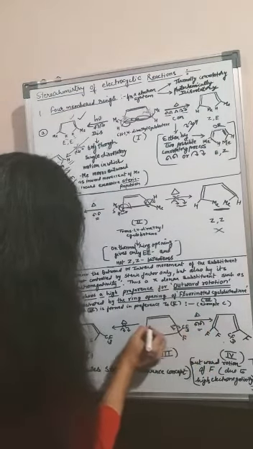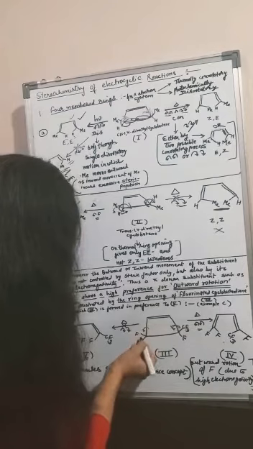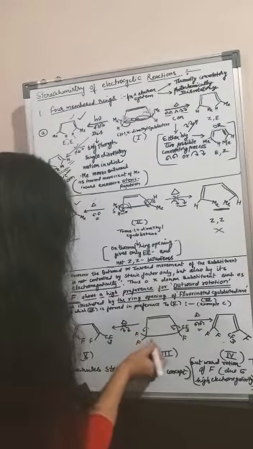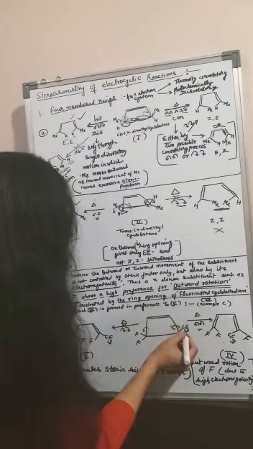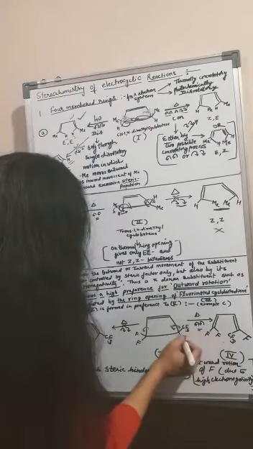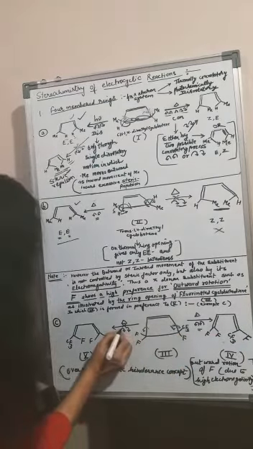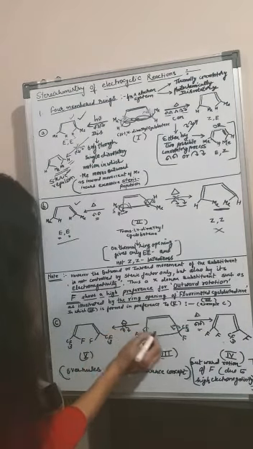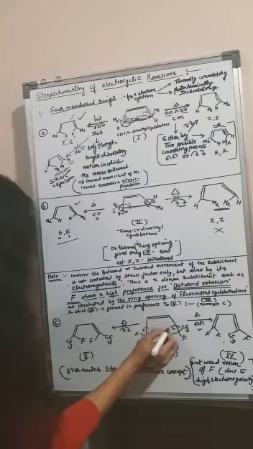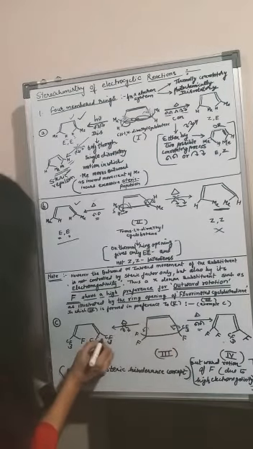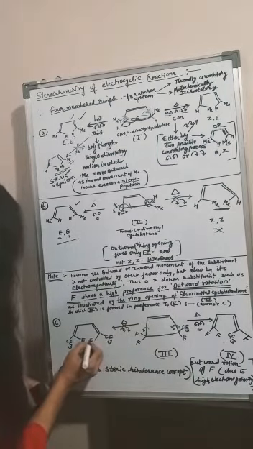Both are moving anti-clockwise. Here there is no difference because both substituents are the same. Anti-clockwise, CF3 is moving inward and fluorine is moving outward. If we see the other possibility of the conrotatory process, both moving clockwise, then CF3 is moving outward, F is moving inward.